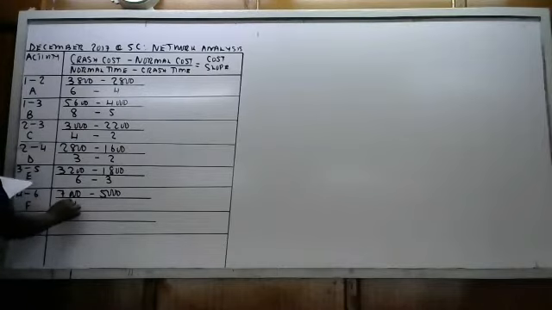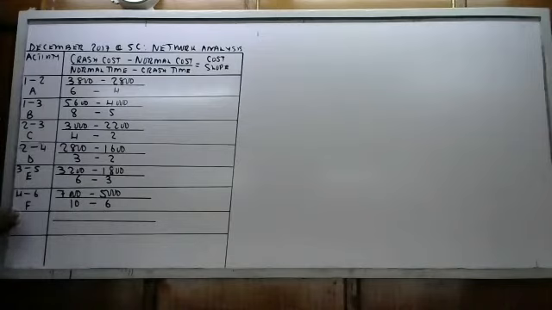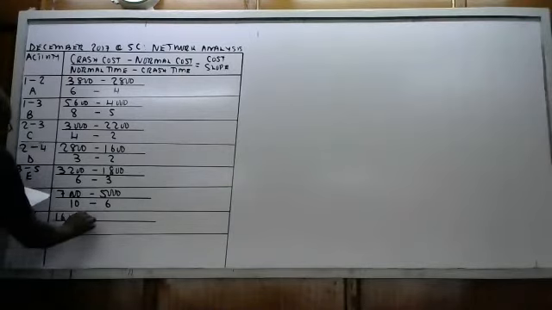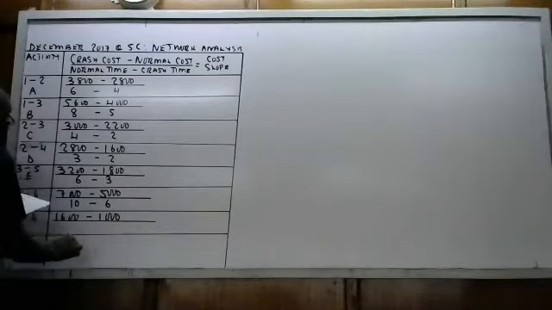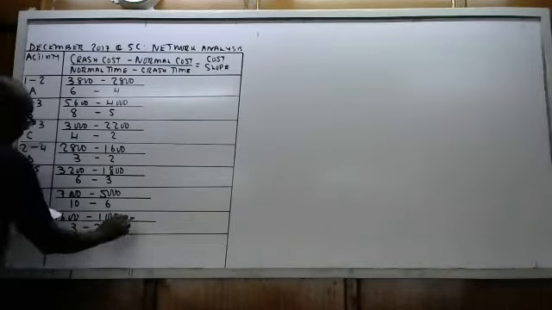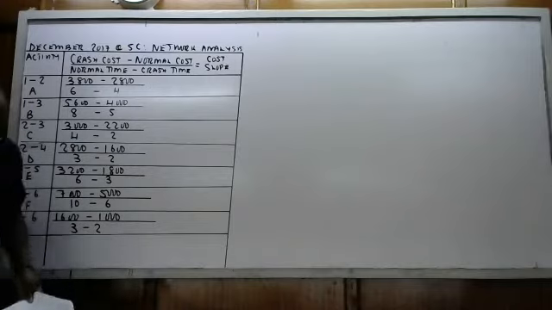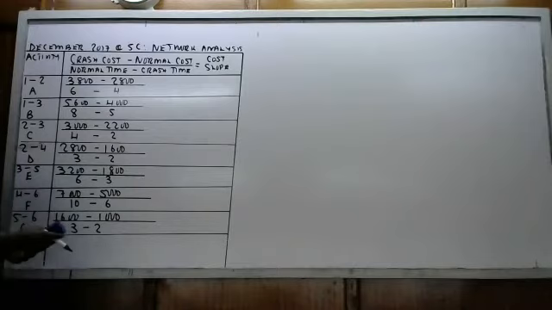Then 5 to 6, which is G. I have 1,600 minus 1,000.